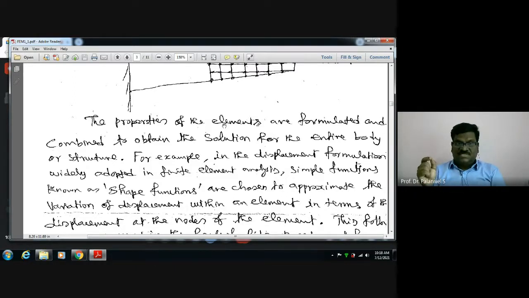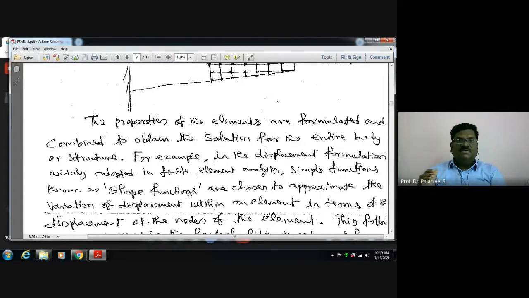So shape function is a very, very important topic. The term shape function, remember, is similar to the trial function in Rayleigh's method. The only difference is that trial function is for the entire structure. Here shape function is applicable only to that element. It is restricted to only that element.